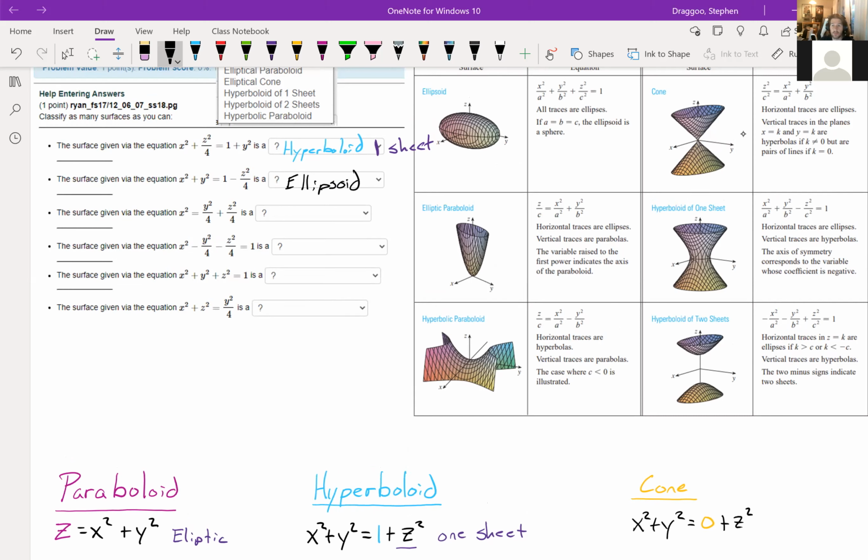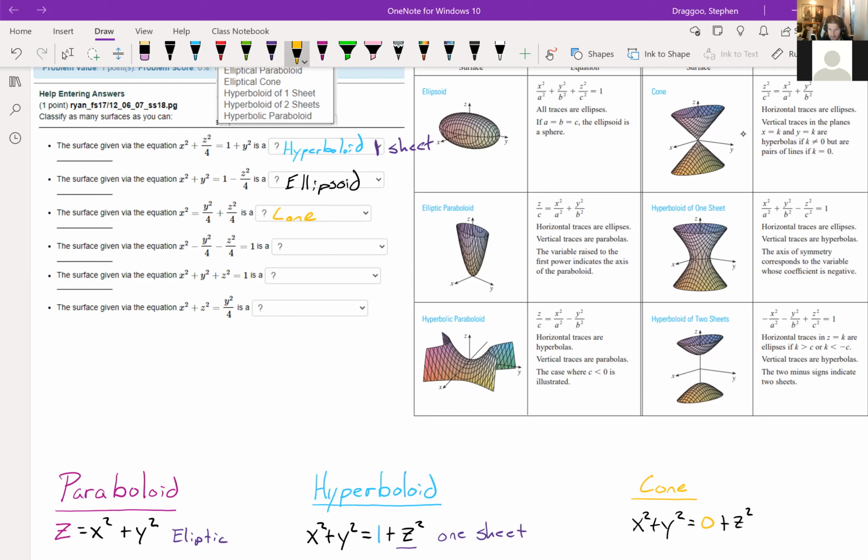Next up, we've got a surface. X squared is equal to y squared plus z squared. All 3 terms are positive. All 3 terms are square terms. And my constant term is 0. So this thing must be a cone, since again, constant was 0.